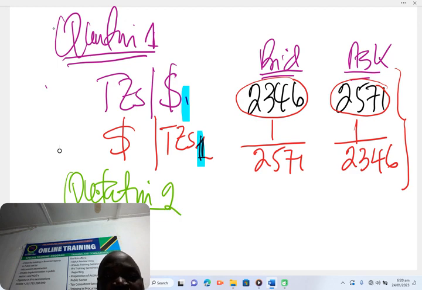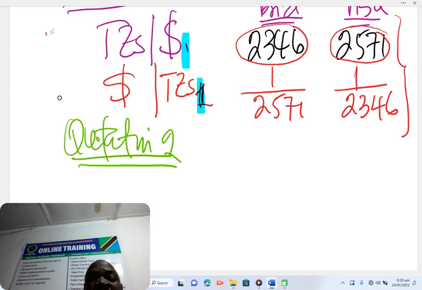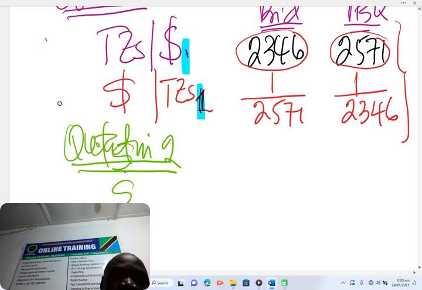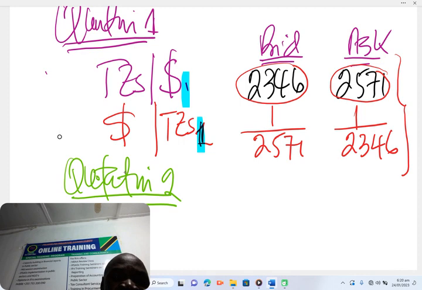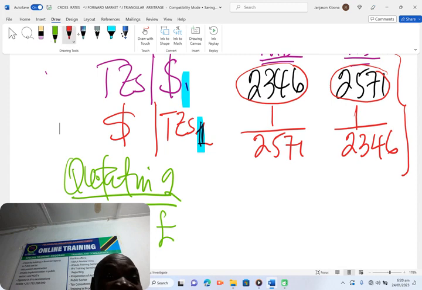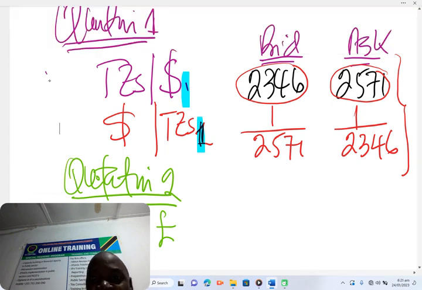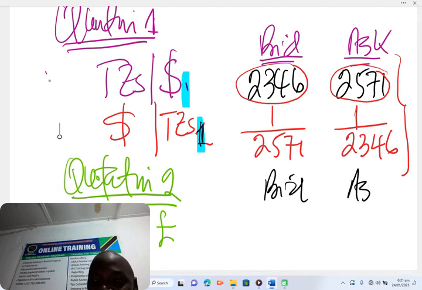Consider an examiner has given you the quotation of dollar stroke pound, for example. So we are looking to see the bid and ask, isn't it? Somewhere there must be bid and what? Ask.